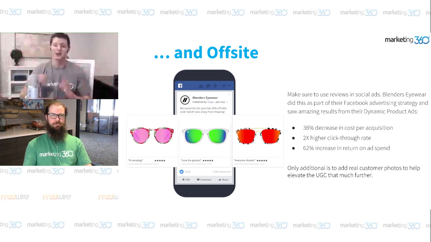They did a social ad campaign utilizing real customer information, the reviews within the different products, and they saw a 38% decrease in cost per acquisition, which is huge, 2 times higher click-through rate, and a 62% increase in return on ad spend, right? So they did the A/B comparison of this ad versus another, kind of as I suggested in the past, and they ran an ad, and it killed it.